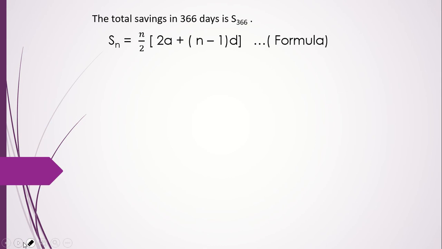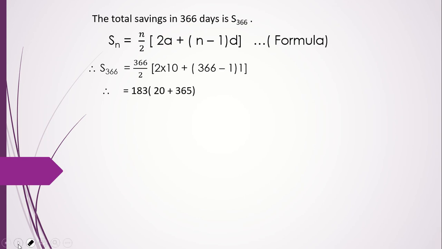We use the Sn formula to get it. Just substitute the values. N was 366, a was 10. On the first day she saved 10 rupees. 366 minus 1 and difference was 1. 366 minus 1, now I will get 365, into 1 is the same thing. 10 into 2 is 20. So we solve further.